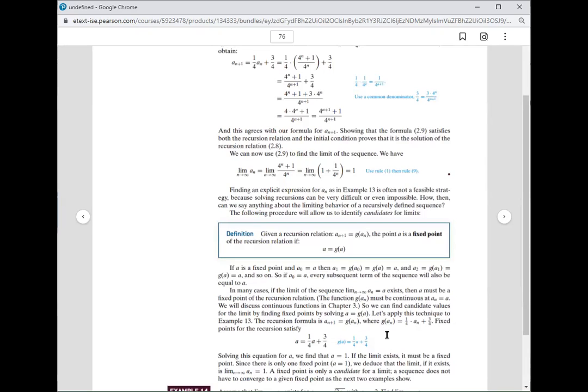Okay, let's apply this technique to example 13. The first formula is a_{n+1} equals this, right? So G of a_n is equal to 1/4 times a_n plus 3. The fixed point for the recursion will satisfy this.